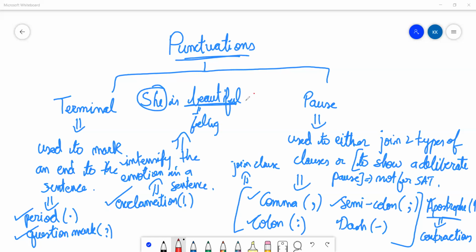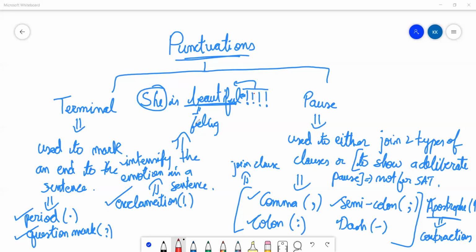So instead of keeping a period, if I put an exclamation, that means I'm intensifying this emotion called beautiful. So every time, the number of exclamation marks you use, that much intensified is the emotion.